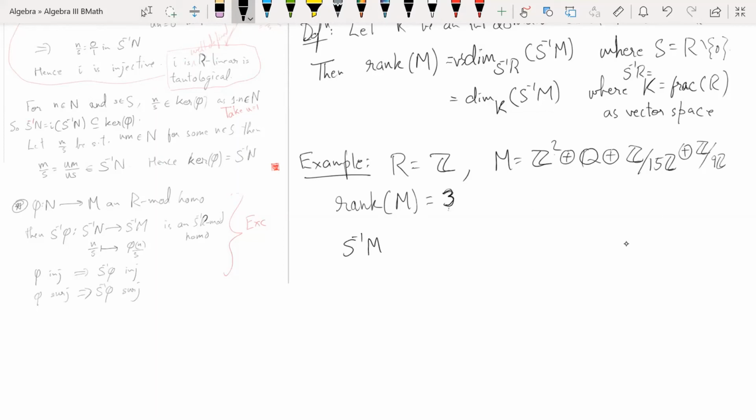Okay, let's just check. Well, S is R minus 0. We learned that S behaves well with direct sum.